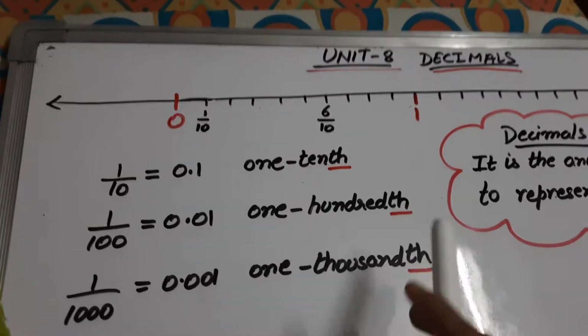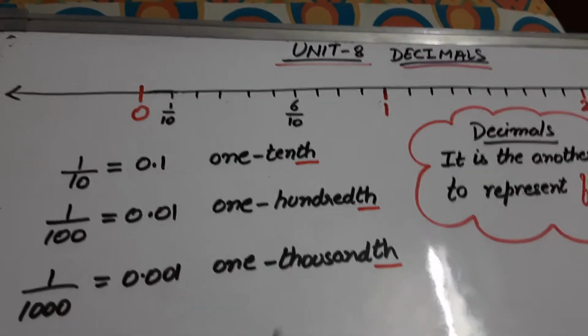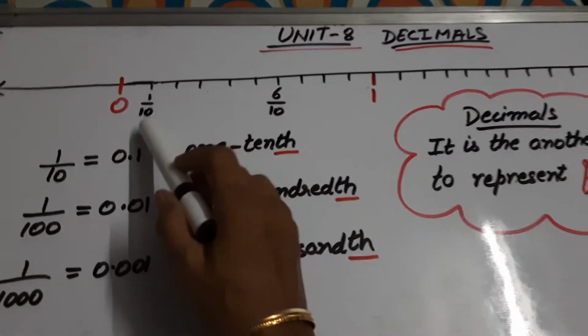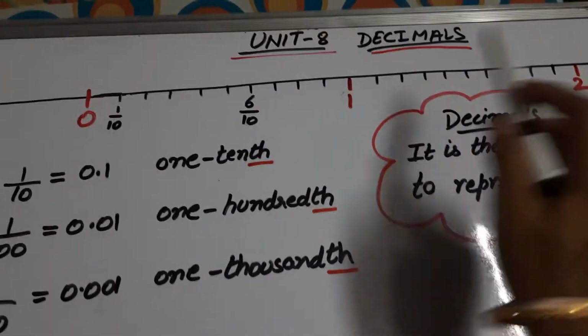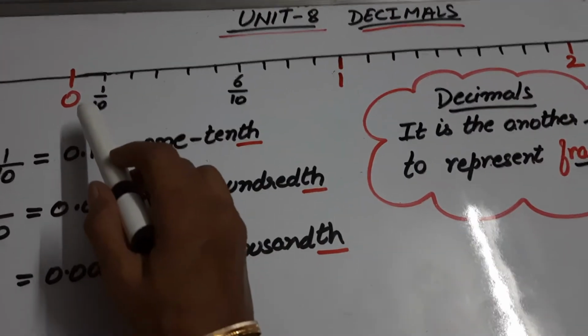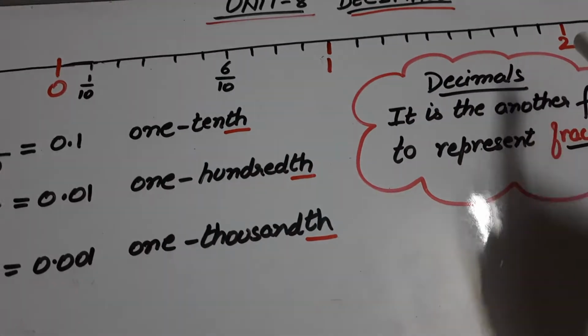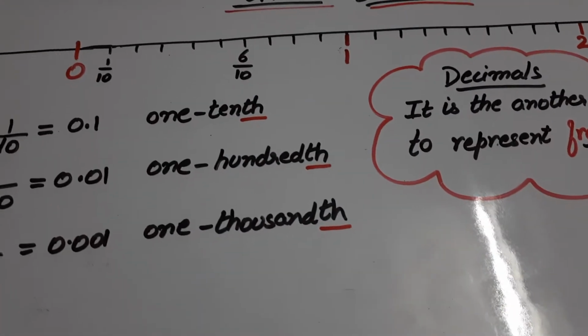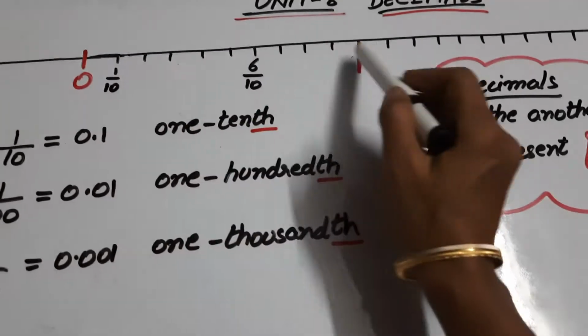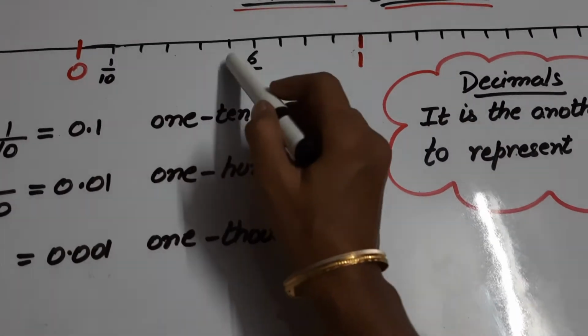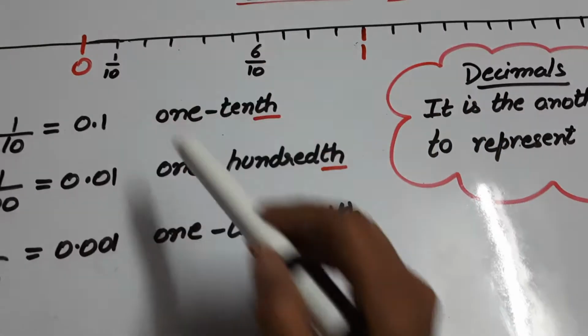Now, to better understand decimals, let us see the number line. Dear students, here is the number line. You are all aware of the number line. On the number line, we have whole numbers like 0, 1, 2, etc. Now, in between these whole numbers, we have some divisions.